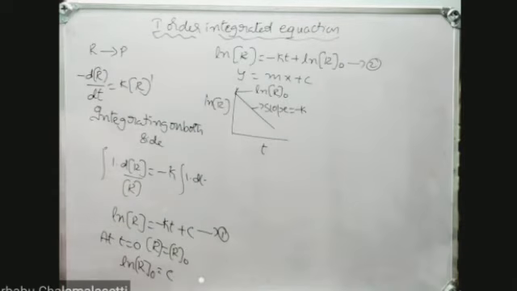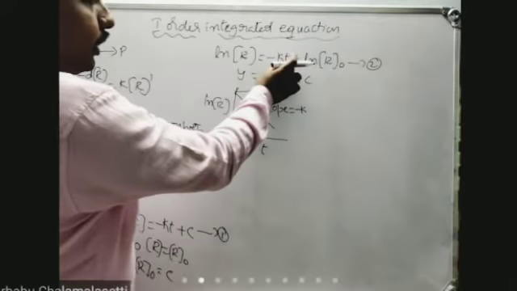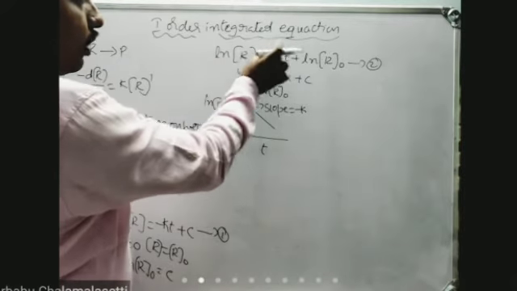Now we can modify that equation. Bring kt to this side and ln R to that side.